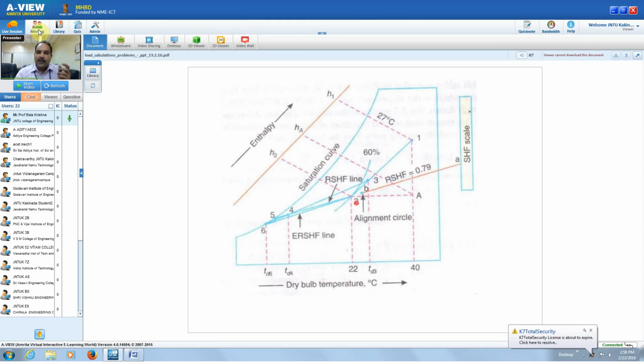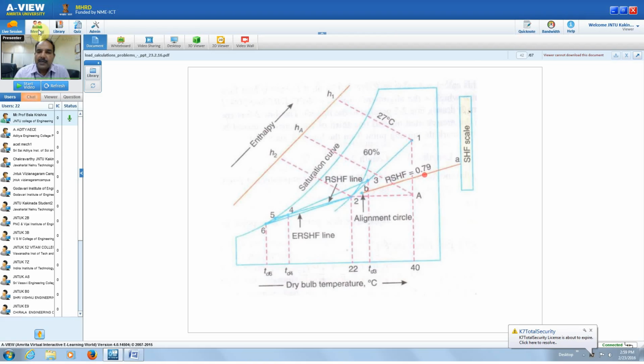and then this is point 2 exactly. And if you draw the vertical line and horizontal line, where it coincides with the dry bulb temperature is point A. At point A, you can calculate the enthalpy. If small curved lines are there, then you can calculate the room sensible heat.